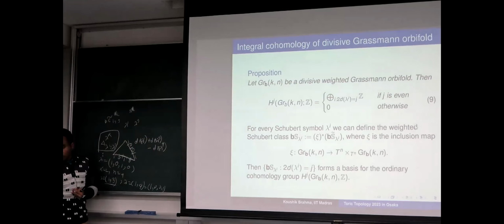Now I want to go through the ordinary cohomology of this divisive weighted Grassmann manifold. Since we have assumed a divisive weighted Grassmann manifold, it has a cell structure with even dimensional cells. By that we can compute the cohomology group: its jth component Hj is the direct sum over all i such that 2 times d lambda i equals j, I mean those many copies of Z, and otherwise it is 0.